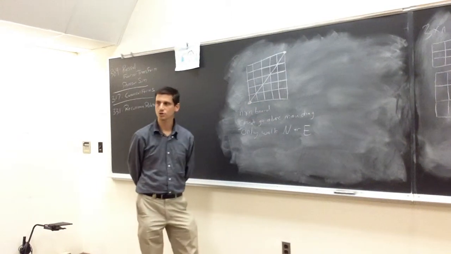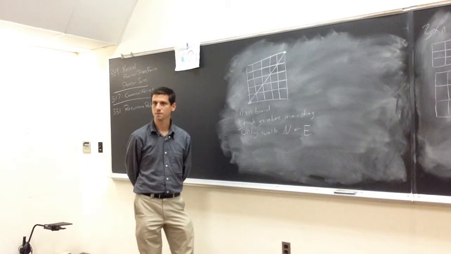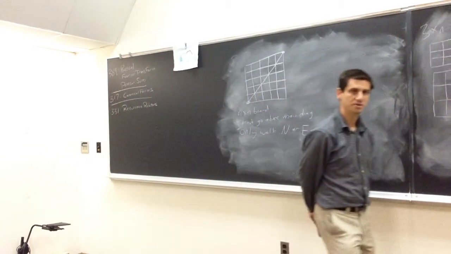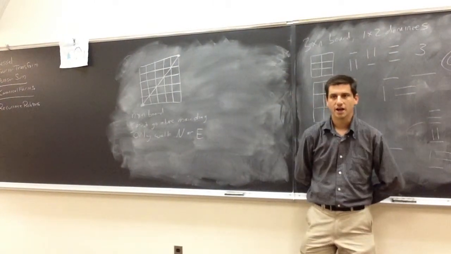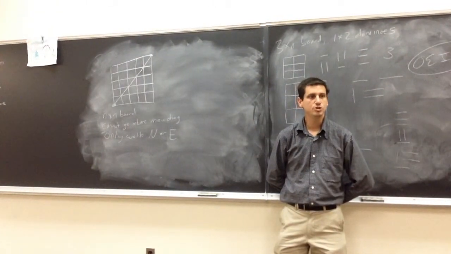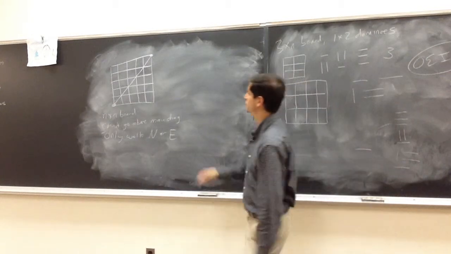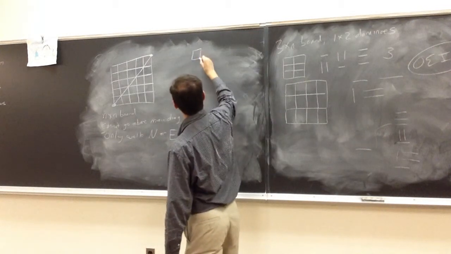How many of you have seen this problem before? Some of you should have seen this. Okay. If you've seen this before, don't speak up. What should we do when we have a new problem like this that we've never seen before? Do some cases. So first case, the 1 by 1 board.